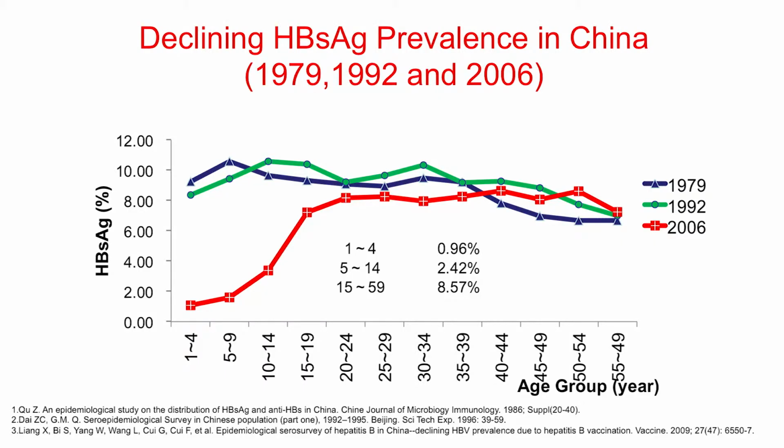You can see 20 years ago, we have around 9.7% in the general population, whereas in 2006, we have the prevalence in the general population around 7%, whereas in those who are younger than 5 years old, less than 1%, already achieving the goal set by the West Pacific Office of WHO.